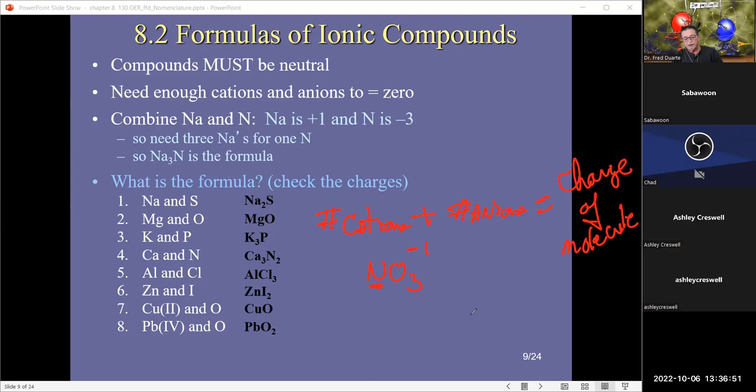So we can set up that equation here as follows. We know the overall charge is a -1, right? Overall charge. We know that the oxygen is always going to be a -2. The oxides are always -2. There's 3 of them. So -2 times 3 says overall you have a -6. All right. And then you can write your algebraic equation where you have nitrogen - 6 equals -1.